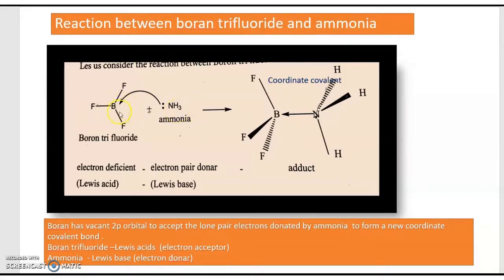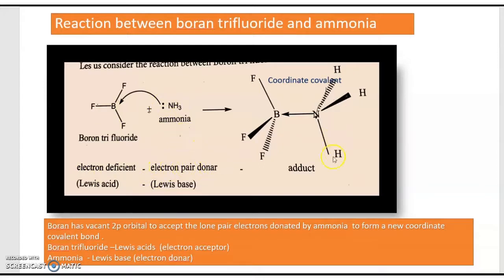Why does boron accept a pair of electrons? Because boron has a vacant 2p orbital in its outer shell, so the nitrogen of ammonia can donate a pair of electrons to boron. Because of this vacant shell, it is electron deficient, while ammonia, with excess electrons, is an electron pair donor.